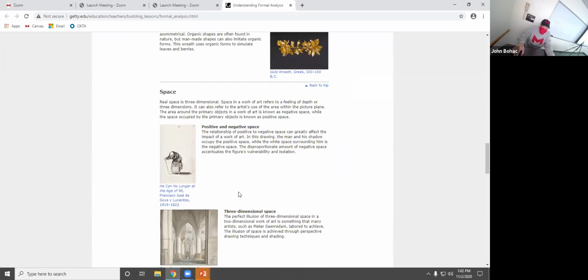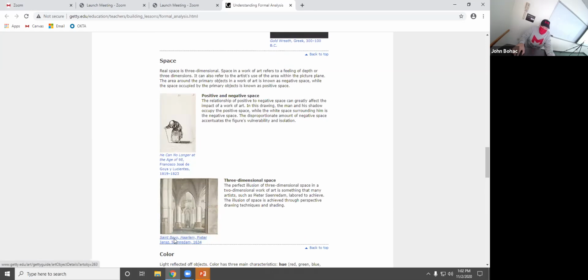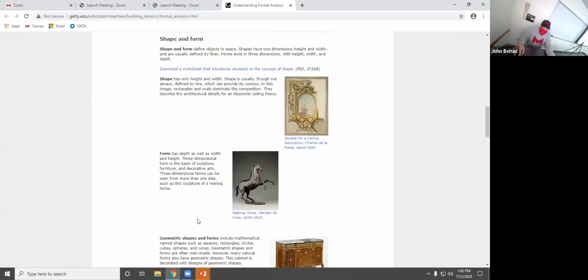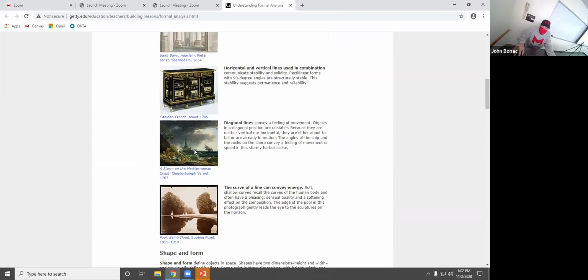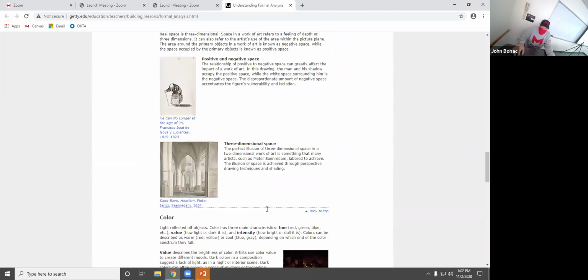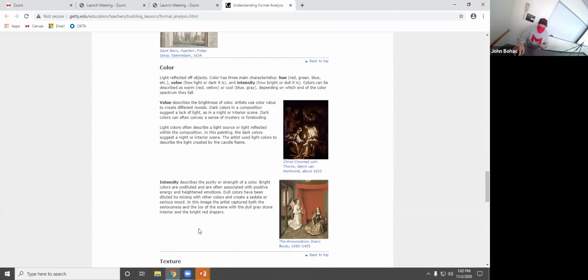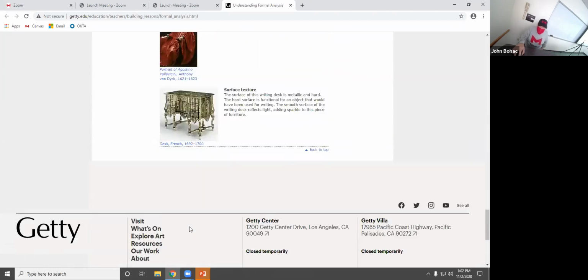How an artist used space. We're using this same illustration, three-dimensional space, vertical lines. So they all kind of go together. And so this is what formal analysis is.